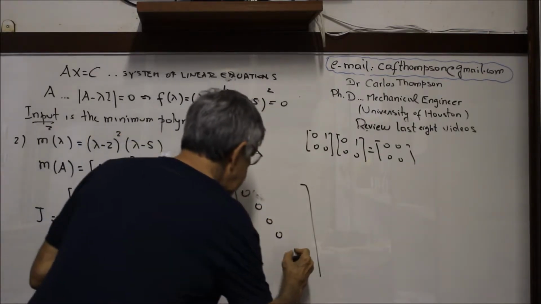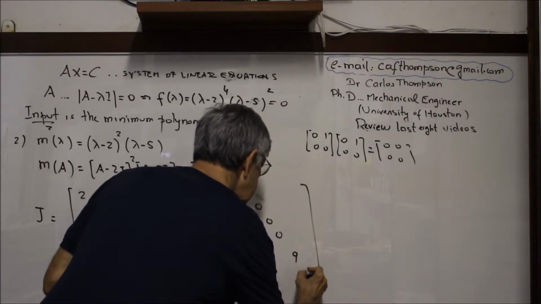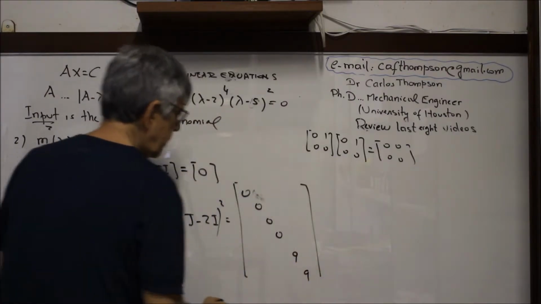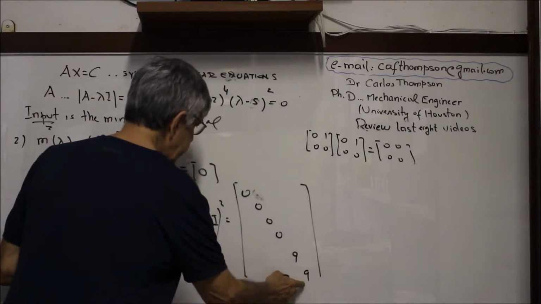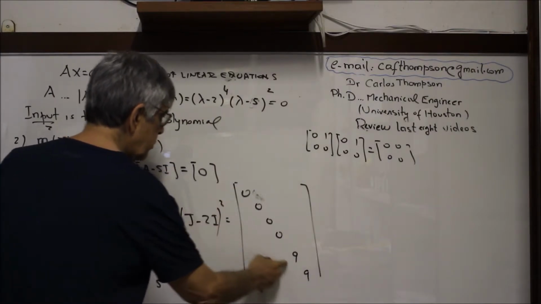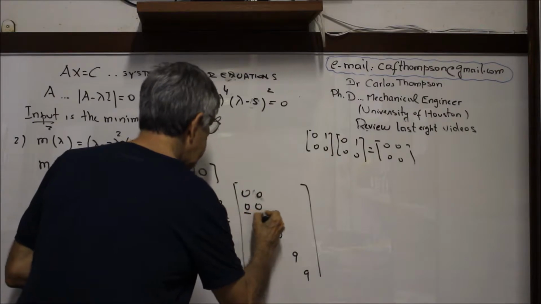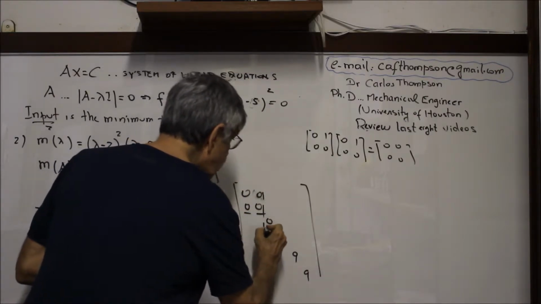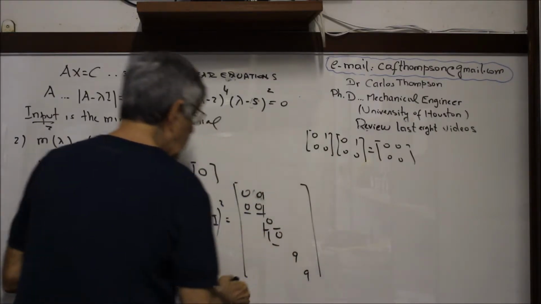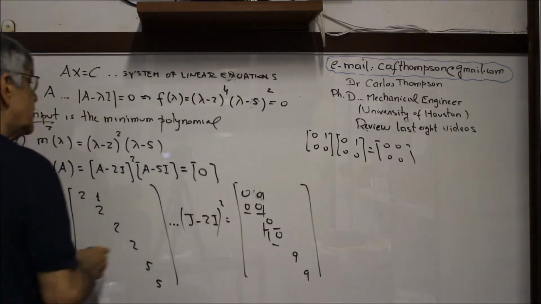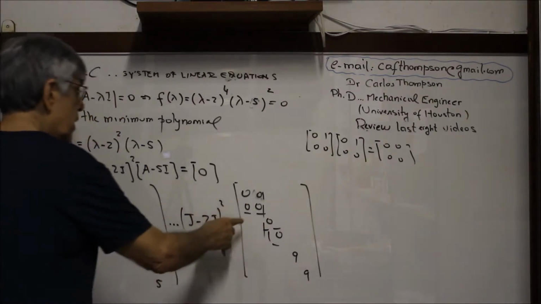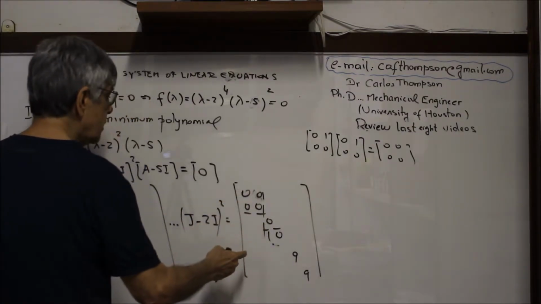Now, this will be 9 and 9, because I had 3 here and 3 here. So when I square it will be 9 and 9. This will be 0 here. That's my block.